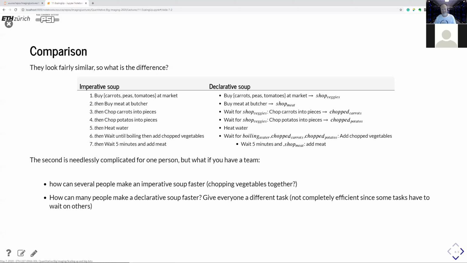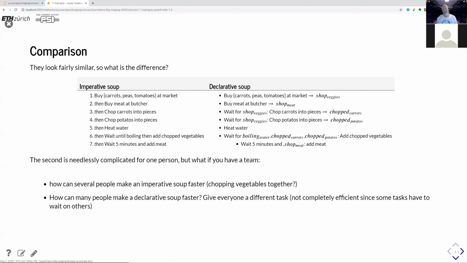If you still want to do the imperative way, how can you make it faster? Well, if you have the team, you can say, okay, everybody starts chopping the vegetables now. And then they're chopping, chop, chop, chop. And of course, if you have a big pile and many people take from it, it's faster.